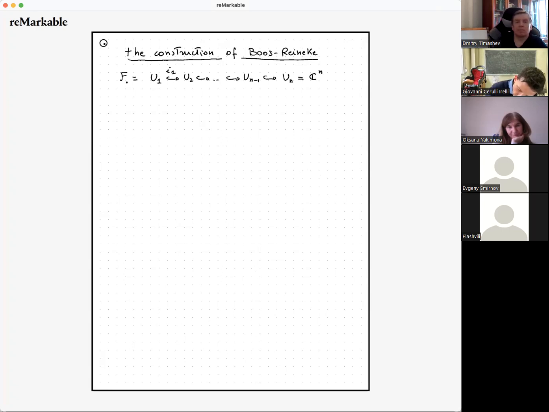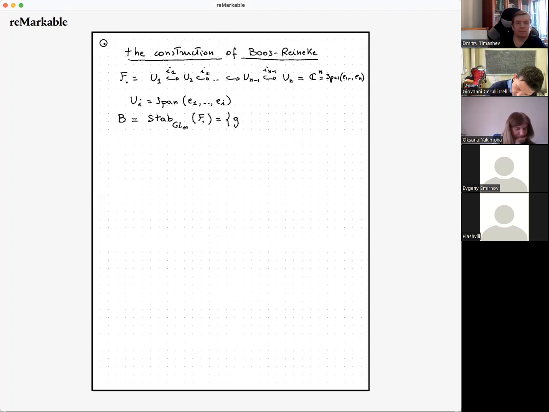So I need to give names to the inclusions, where Ui, so here we fix the standard basis that I call E1 to EN, and then Ui is the linear span of E1 to Ei. Let B be the stabilizer in GLN of the flag.